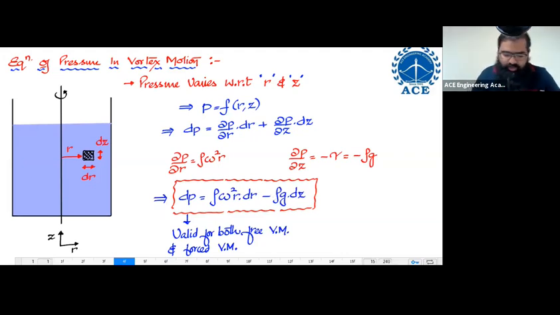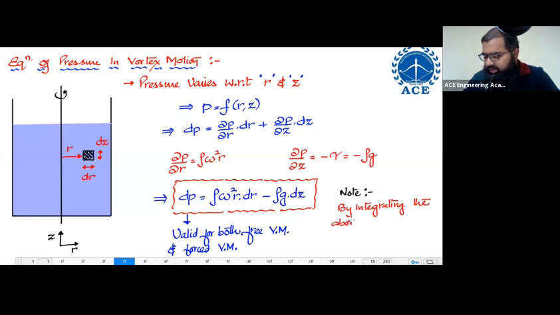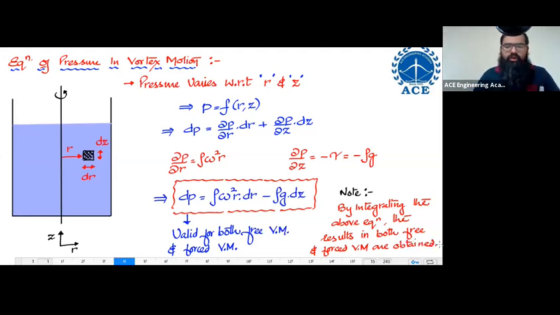Let me write a note over here. The note says that by integrating the above equation, the results in both free and forced vortex motions are obtained.